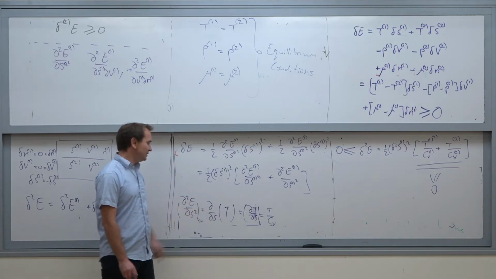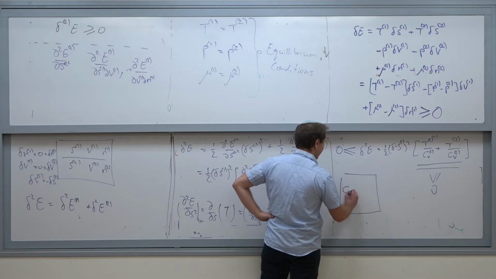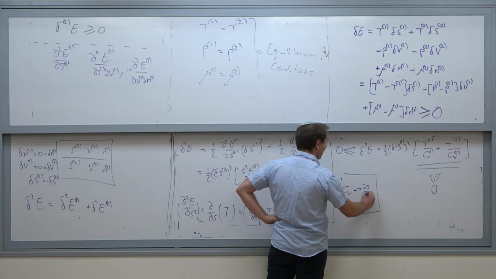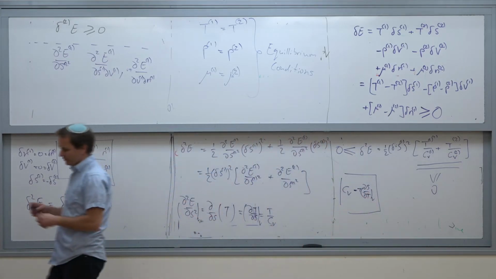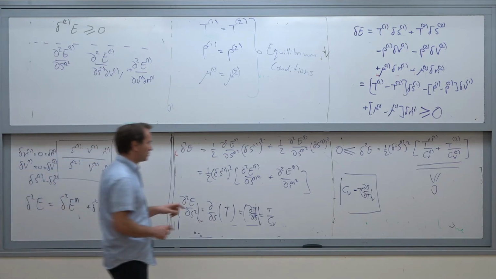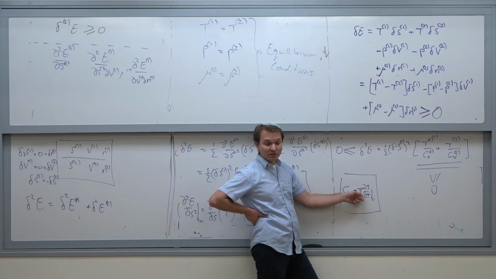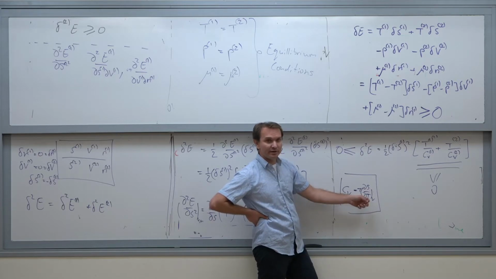What is CV? CV is T dS over dT at constant volume, right? So CV is an intensive variable, temperature, multiplied by an extensive variable divided by an intensive variable.